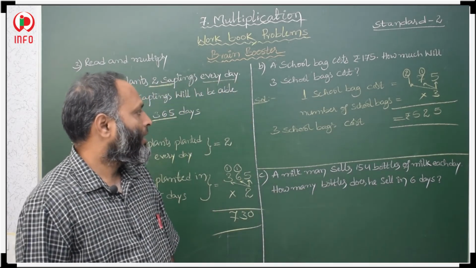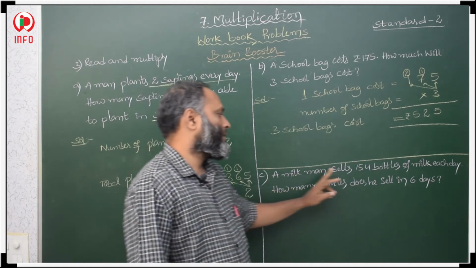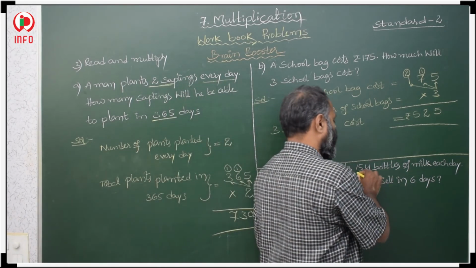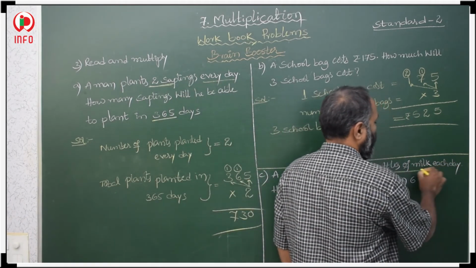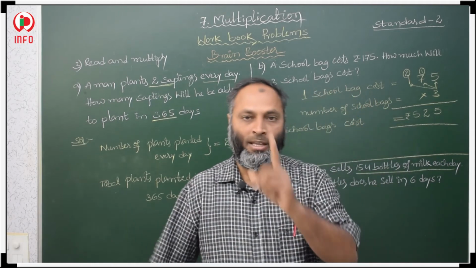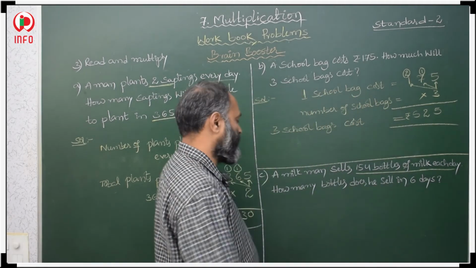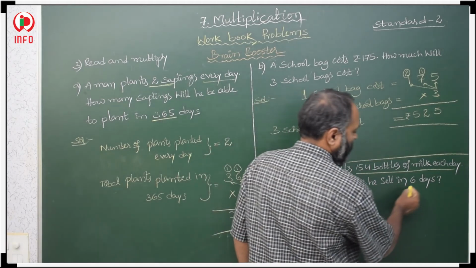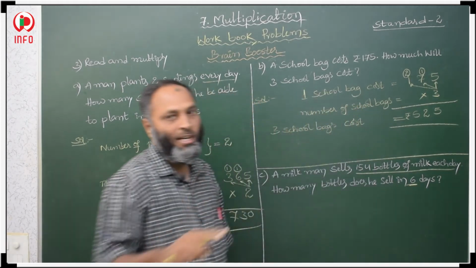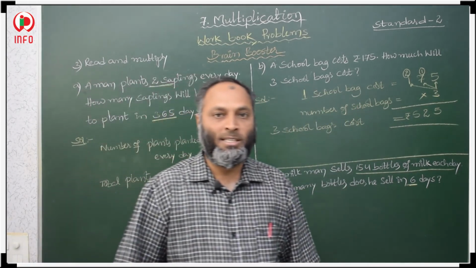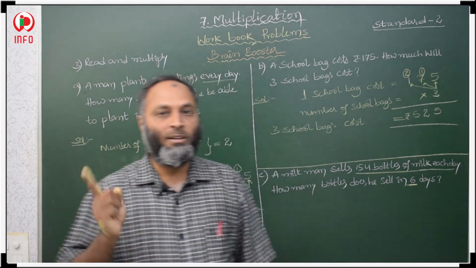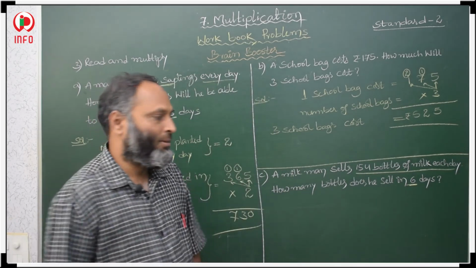Now, the next question. A milkman sells 154 bottles of milk each day, means per day. About 1 day is given. How many bottles does he sell in 6 days? About 1 day is given and about 6 days he is asking. It means the unit value is given and more is asked, so we have to multiply.